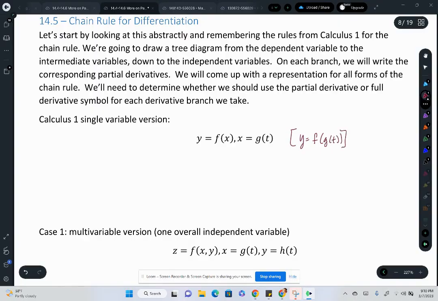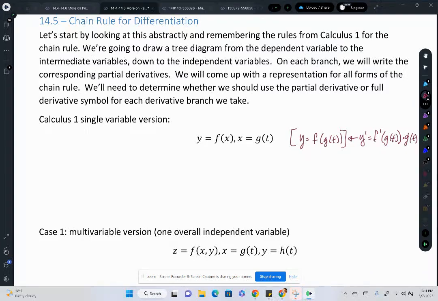And so we know that when we would take the derivative of this, we would get y prime, and it's going to be equal to f prime of g of t, and then times g prime of t. And so that's how we handled that before.